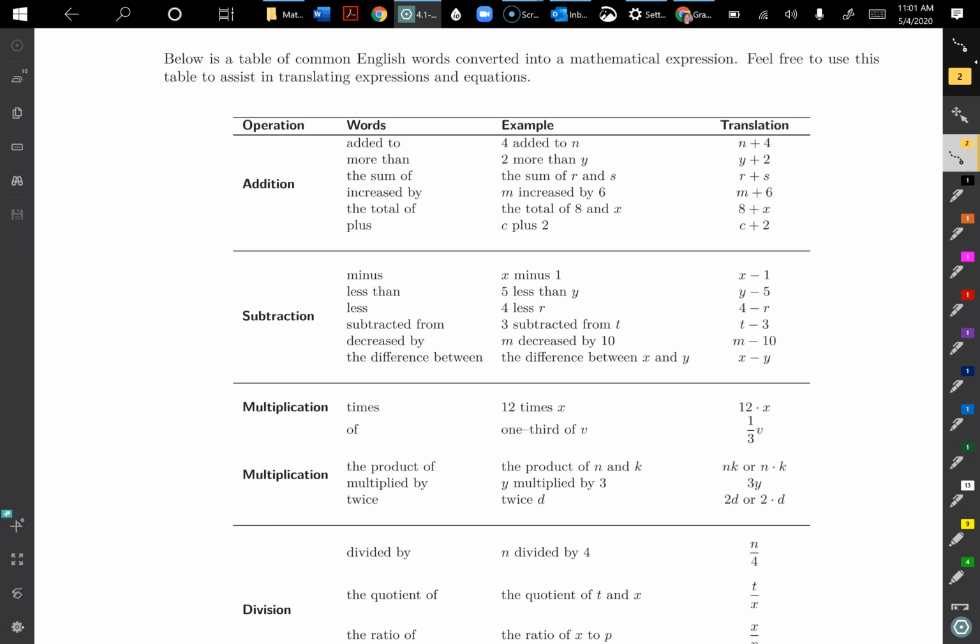However, you have to be a little more careful when you have something like subtracted from, as in 3 subtracted from T. Even though you read the 3 first in the words, you're going to write it second in the expression, because you're subtracting the 3 from T. So really pay attention to that kind of thing.